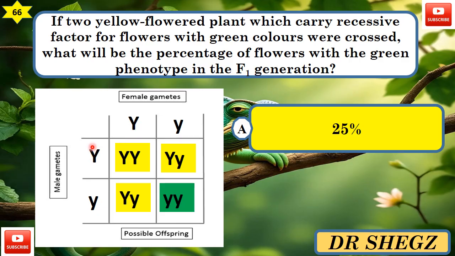You can see the big Y and the small y for the male gamete, big Y and the small y for the female gamete. When you use your Punnett square, you have yellow, yellow, yellow. Then you have one of them which is green, because the green is a recessive trait. So you have to inherit the two for you to have any chance of it manifesting. So you have just 1/4, which is 25% of the green colors in the F1 generation.